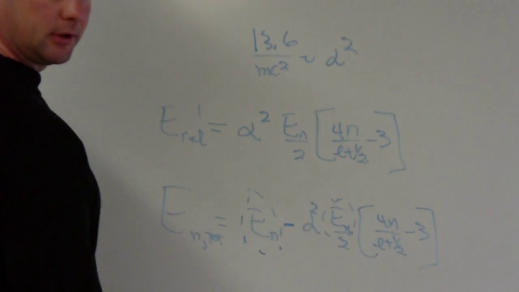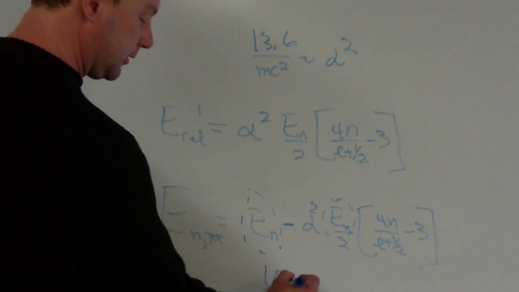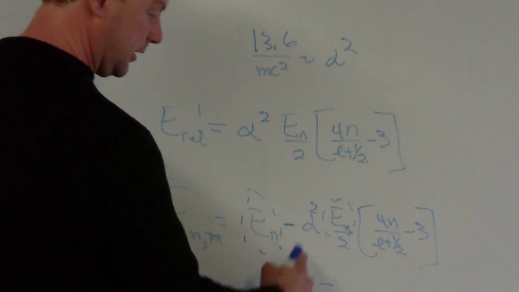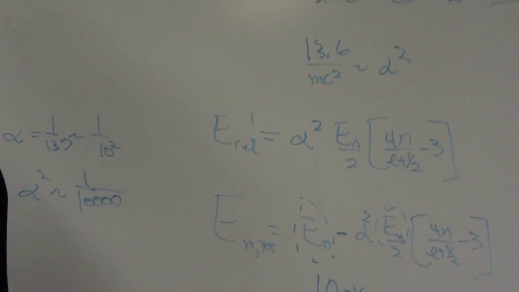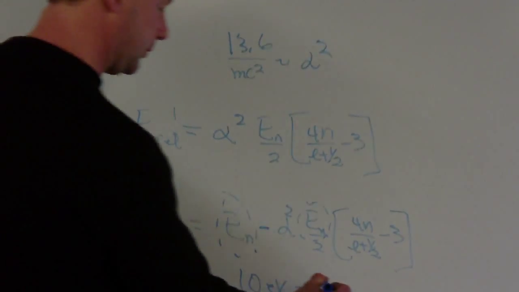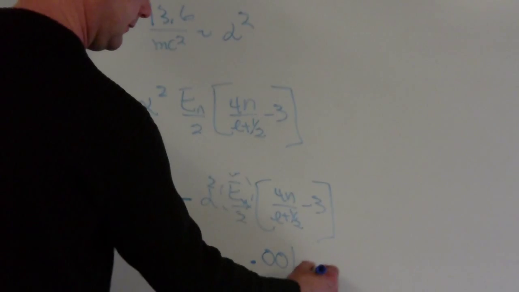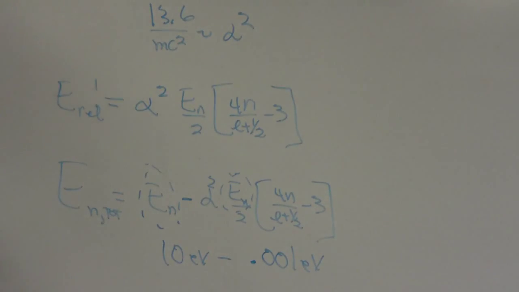This is on the order of 10 eV, and this is 1/10,000th, so that means it's 0.001 eV. And the first one's negative anyway. I don't know if it's positive or negative. Well, En calculated was negative 13.6, so it'll be minus.